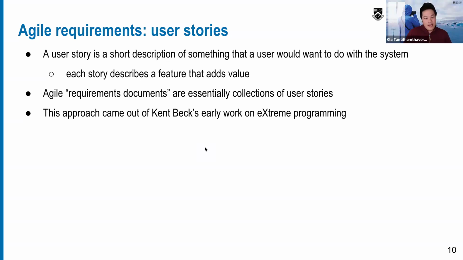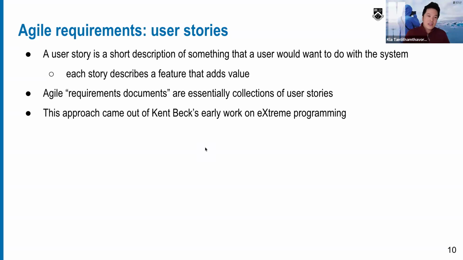Basically, a user story is a short description of something that a user really wants to do with the system. It describes from which persona, from someone's perspective, what they want, so that there are values to that person.